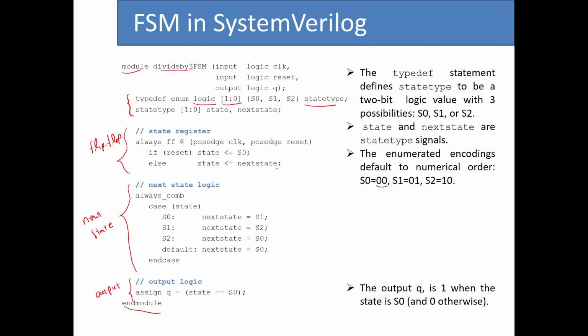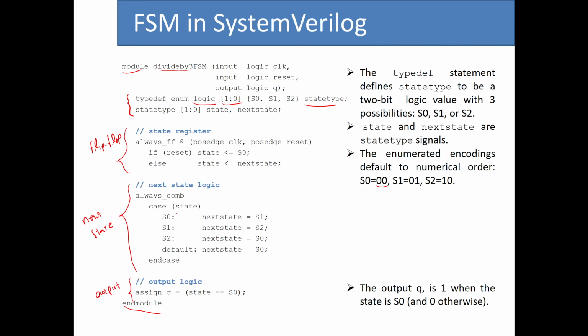But what is this next state? This is something that we define in the next state logic unit. Inside the next state logic unit, we have always_comb, and then we have case, which checks the current state of the system. Since there is no input in the system, there is no condition for the arcs that we have for the transitions between states. What we need to do is check the current state of the system, and based on that we can find the next state of the system.